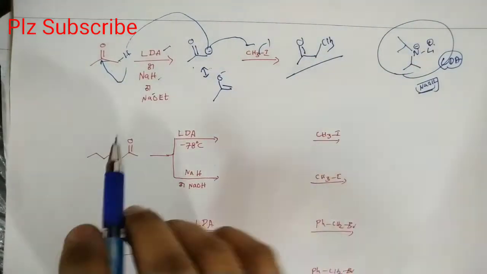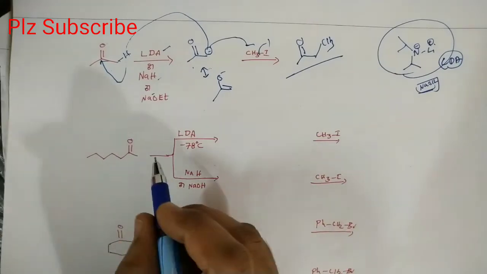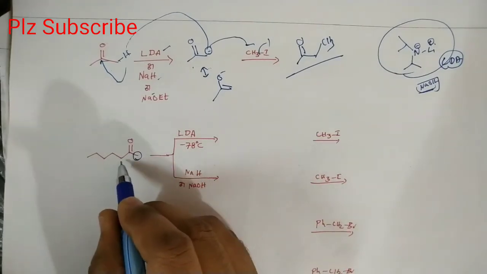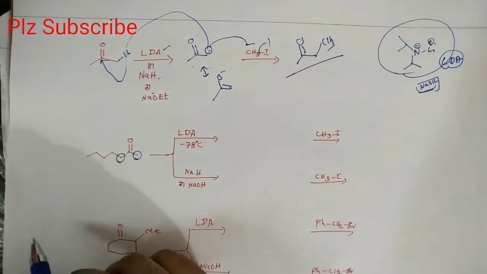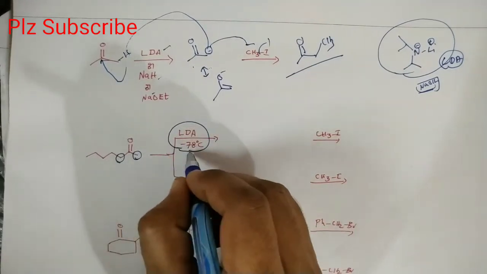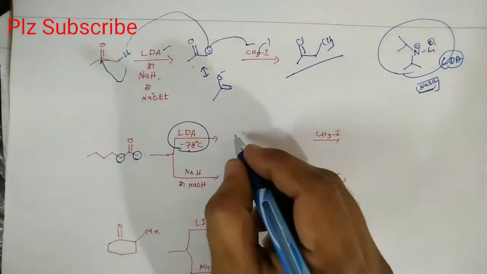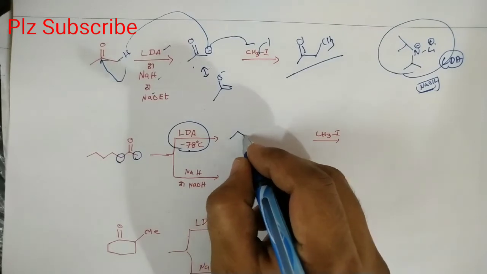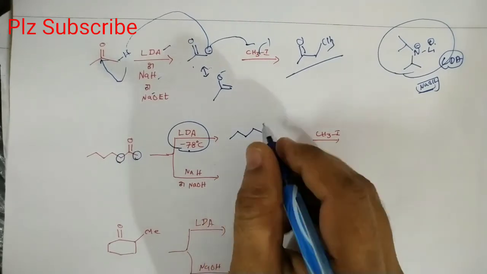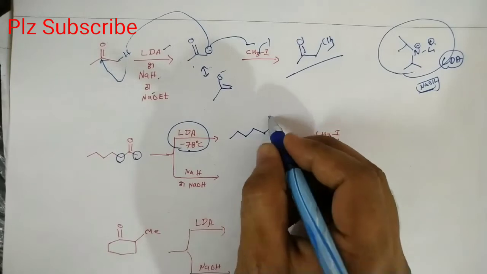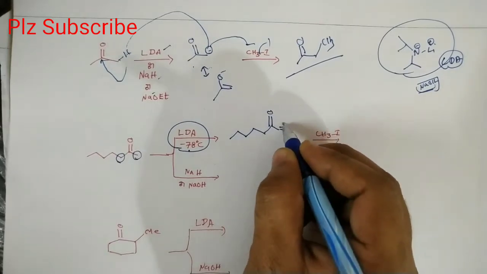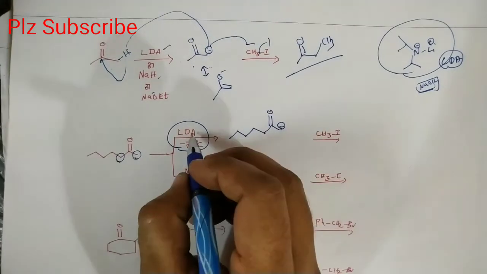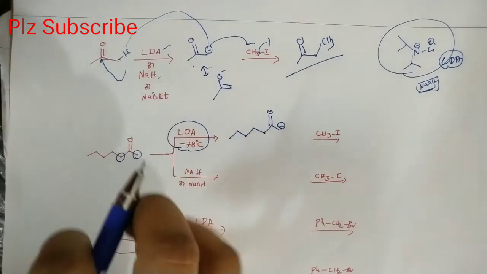But when using an unsymmetrical ketone, alkylation may take place on this carbon or on this carbon. Whenever we use LDA at minus 78 degrees centigrade, we get the less stable enolate. That means the hydrogen is removed from the less hindered carbon.